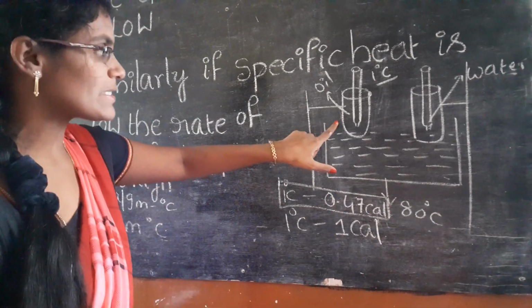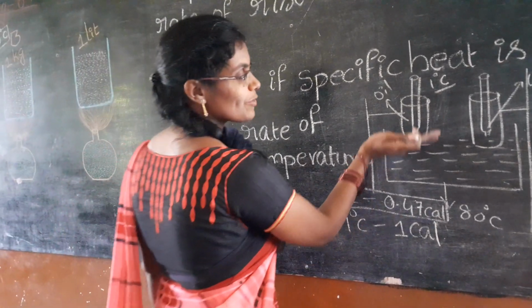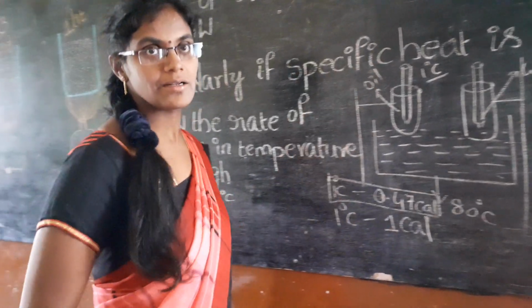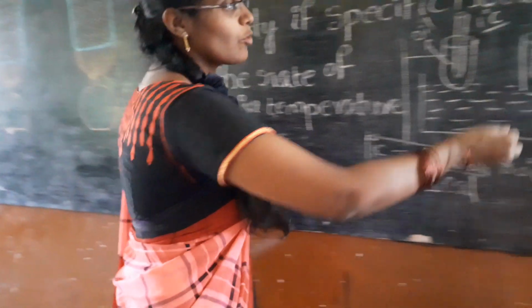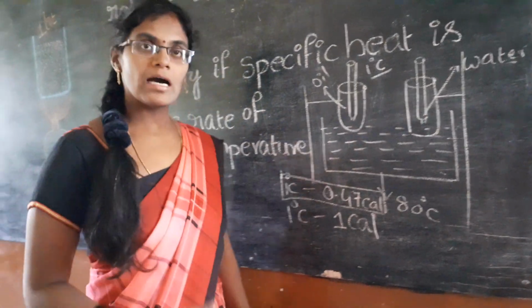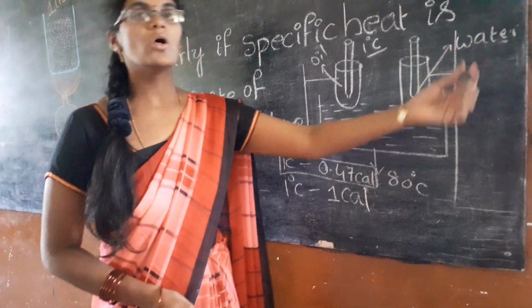Here the specific heat of oil is low, so the rate of rise in temperature is high. The specific heat of water is high, so the rate of rise in temperature of the water is low.